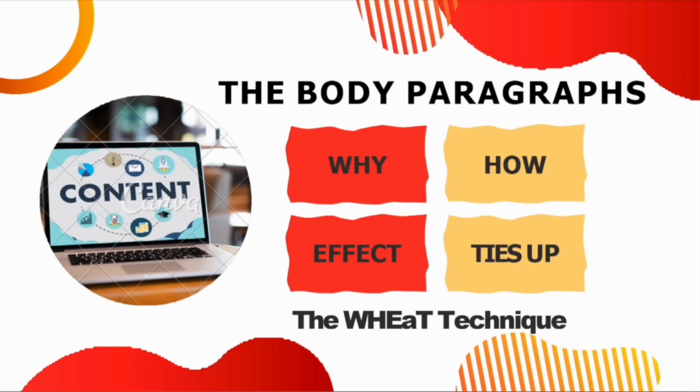It shows the result or consequences. And last but not least, the T stands for the tie-up. This is where you link back to the essay question or your thesis statement. This structure keeps your paragraph logical and prevents you from going off topic.